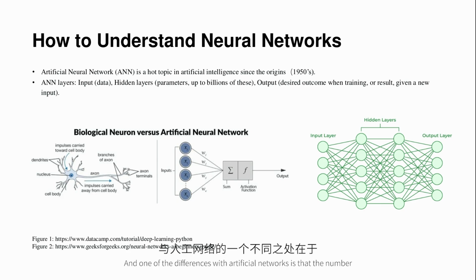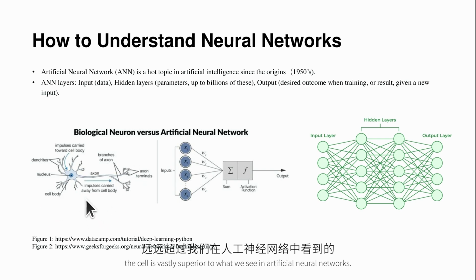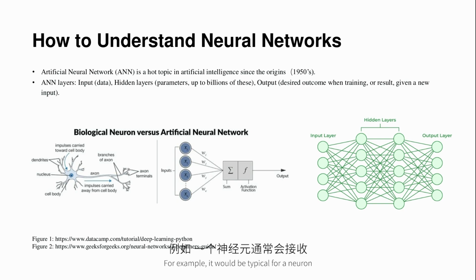One of the differences with artificial networks is that the number of connections either coming inside the cell or coming outside the cell is vastly superior to what we see in artificial neural networks. For example, it would be typical for a neuron to receive inputs from 1,000 different other cells.